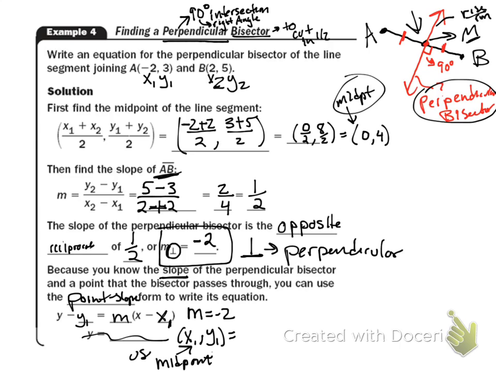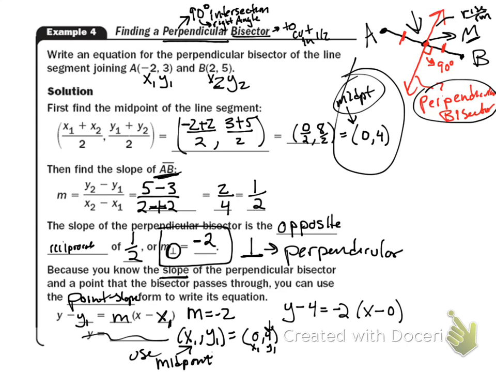So let's use that midpoint, which, if we look back at what we calculated above, remember our midpoint was 0, 4. So if we substitute in those values, it's going to be y minus the y1 value, 4. This is my x1, my y1, equals the slope, negative 2, and then times x minus the x1 value of 0.